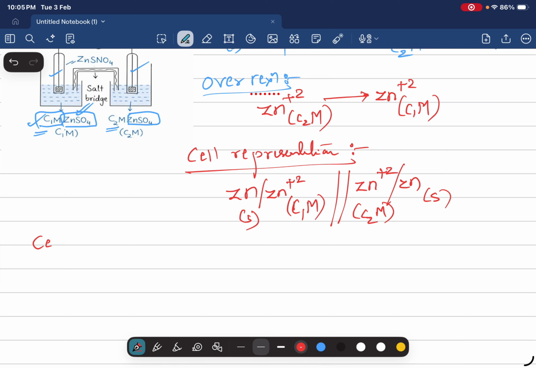And the cell potential: E0 cell will be 0 because the electrodes are the same, right?